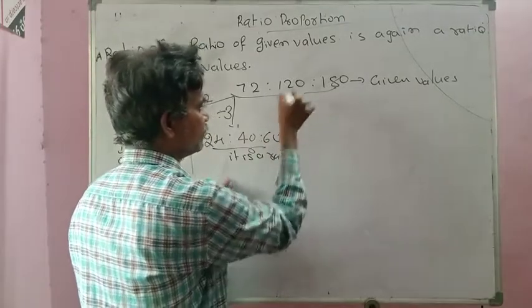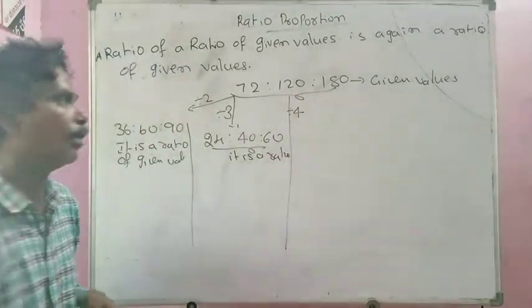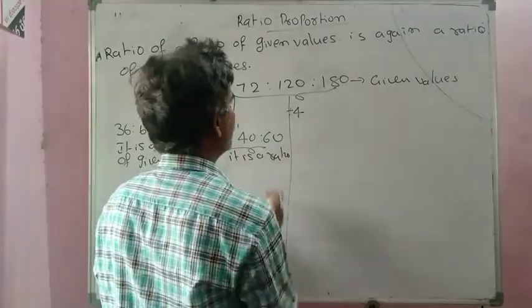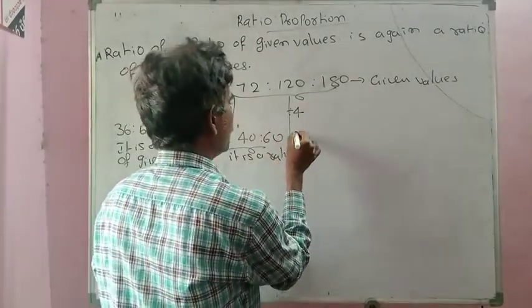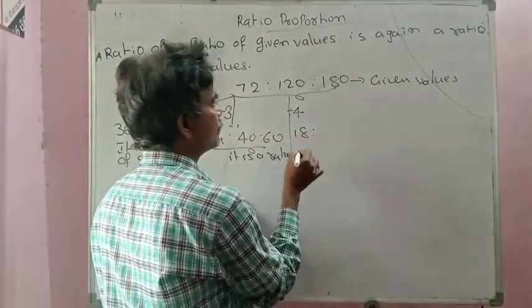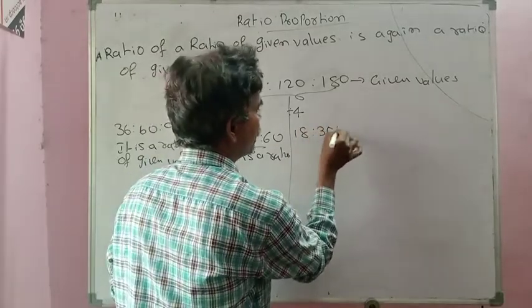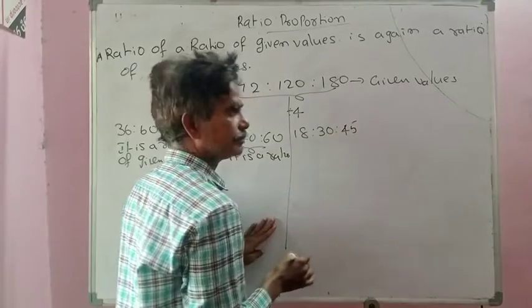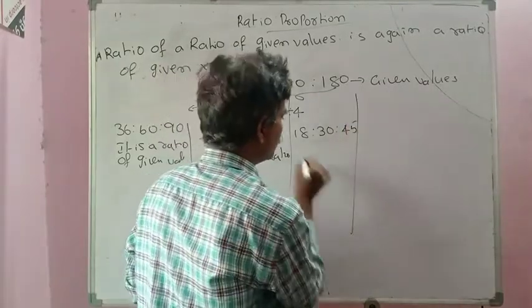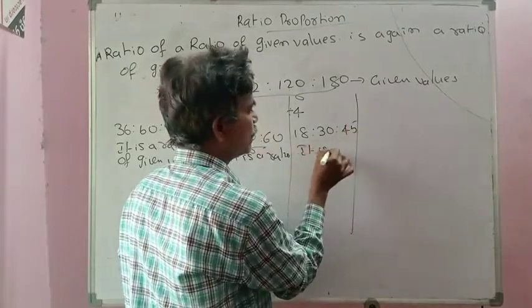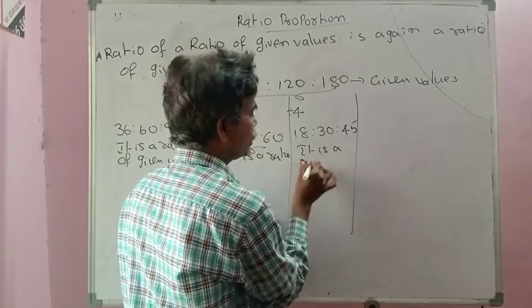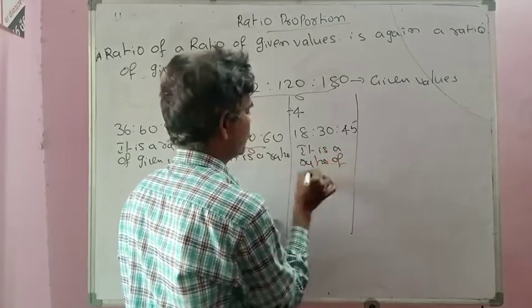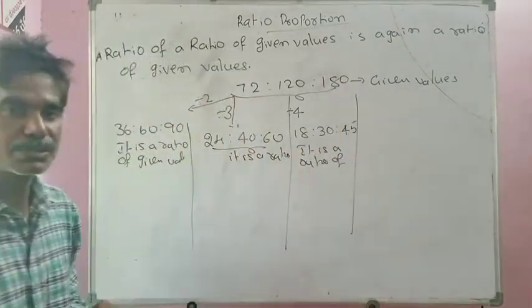For that, let us divide given values by 4. Then we will get 18 is to 30 is to 45. So it is a ratio of given values.